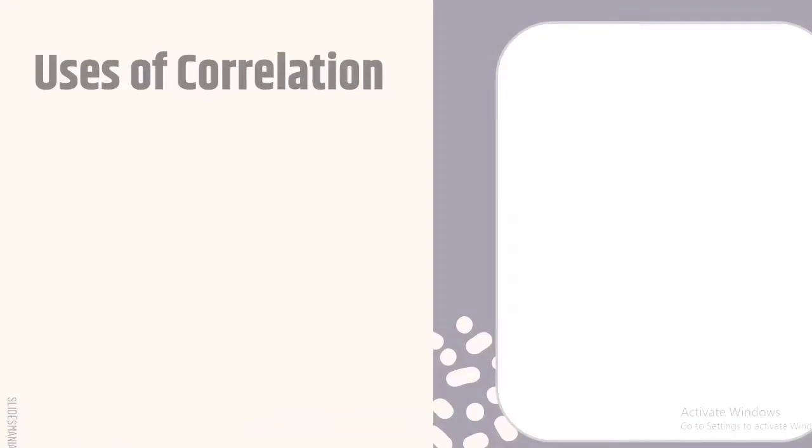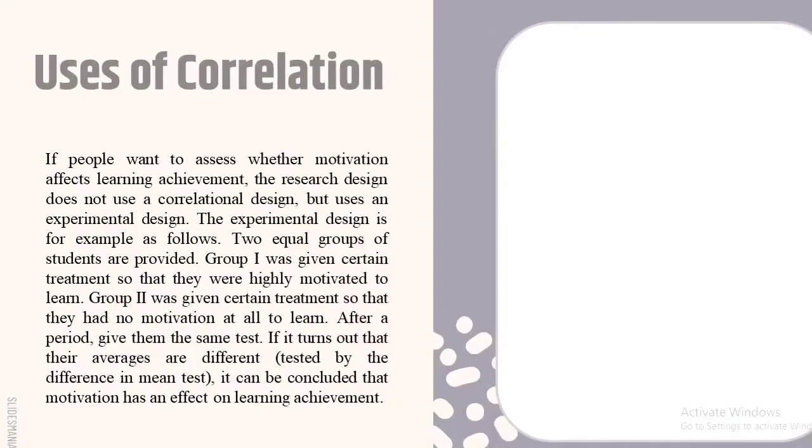Now I will explain to you about the use of correlation. If people want to assess whether motivation affects learning achievement, the research design does not use a correlation design but uses an experimental design. The experimental design is, for example, as follows. Two equal groups of students are provided. Group 1 was given certain treatment so that they were highly motivated to learn.